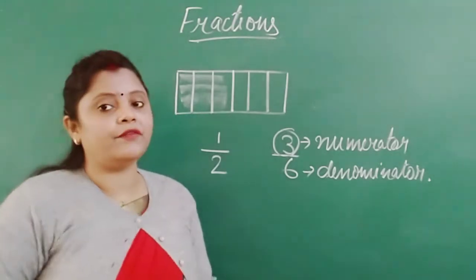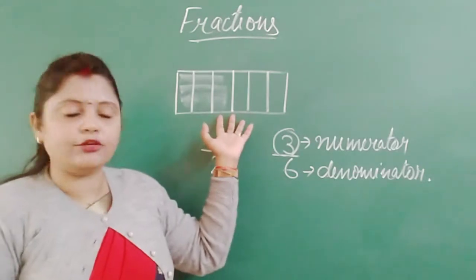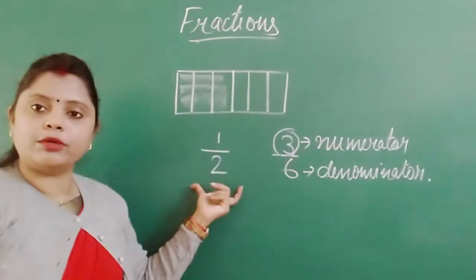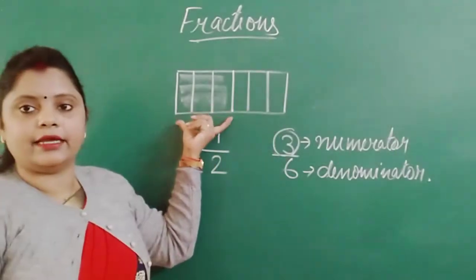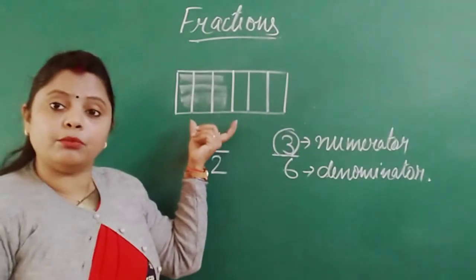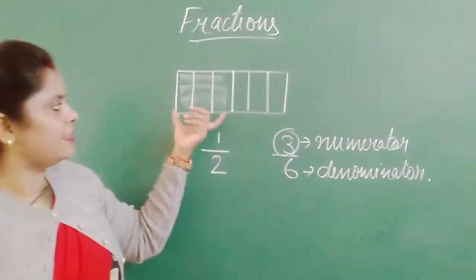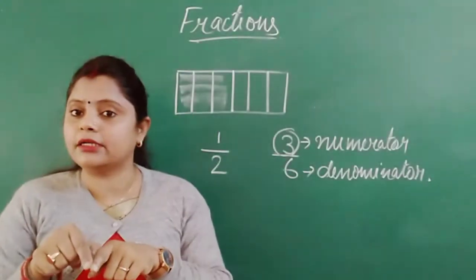And one more thing we have seen in this question. Earlier when the figure was divided into 2, this part was one part, so it was showing 1 by 2. But now the figure is divided into more parts, and the same part is there. With more divisions, it is now 3 parts. So you can see that the shaded part is not changing. The area of the shaded part is not changing.